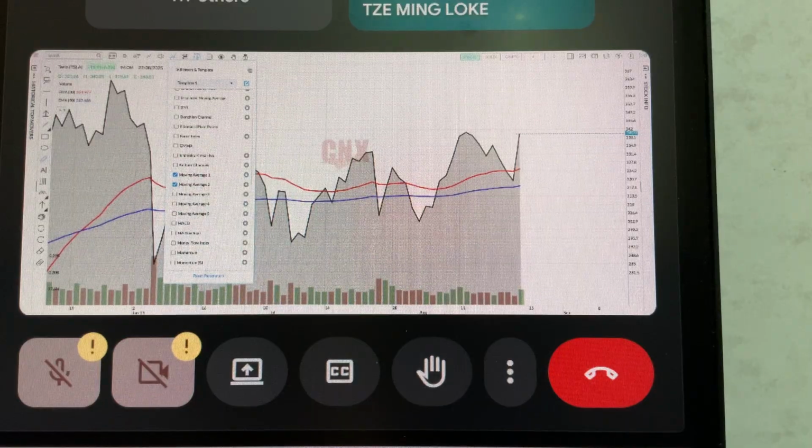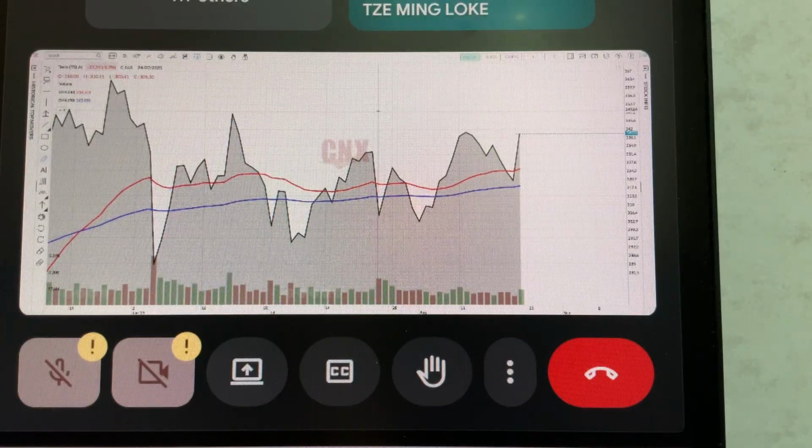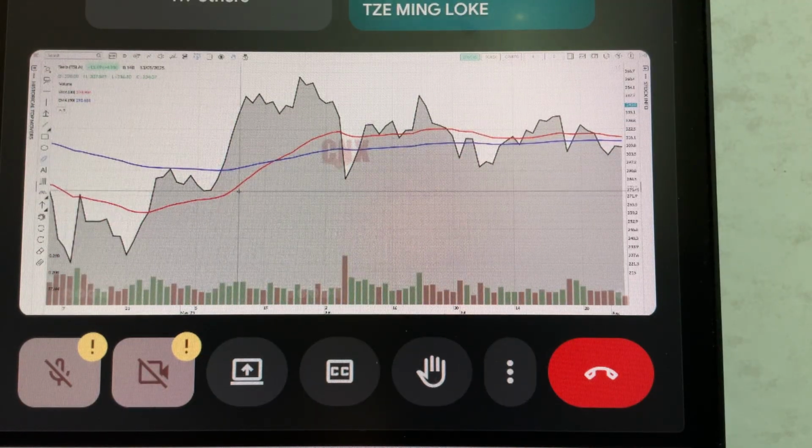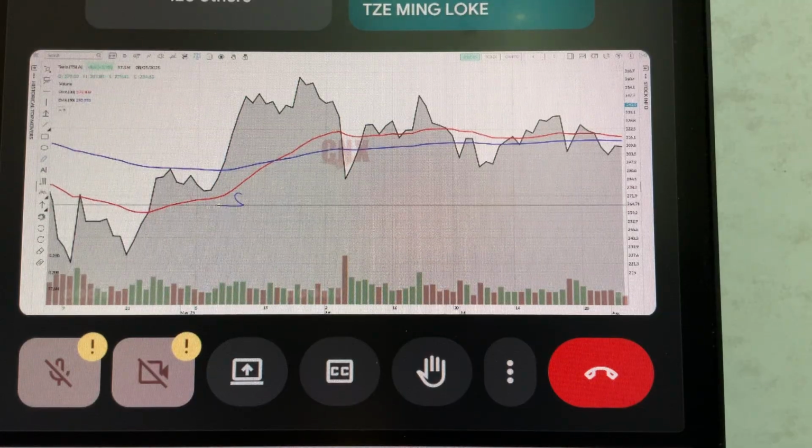So what happens is, I look at it, and when I see these two lines cross each other, for example, over here. The red color is 30 days, so red is the short line.